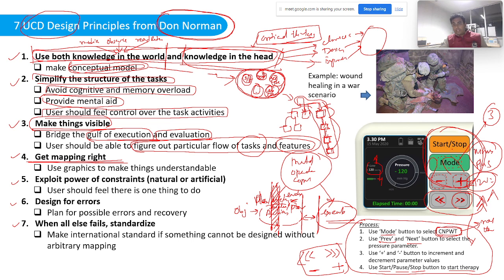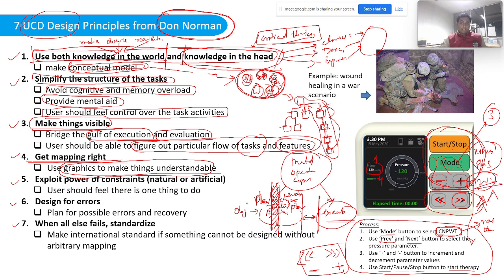In most cases when you map a particular flow of tasks or feature, you use graphics to make things understandable. Because with writing, as I already said, there may be language barriers.